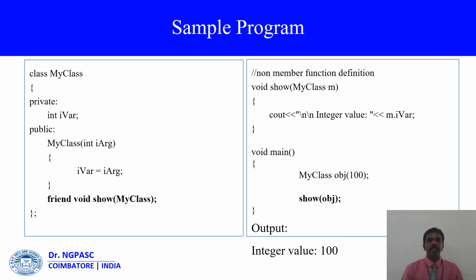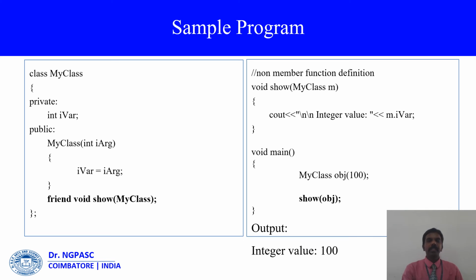We will discuss the sample code which implements the logic of friend function. In this code, I have defined a class, MyClass. The class contains a private data member ivar of integer type. The class also contains a public constructor which accepts an argument, and that argument is assigned to the private data member. And have a look at the highlighted statement here, friend void show(MyClass).